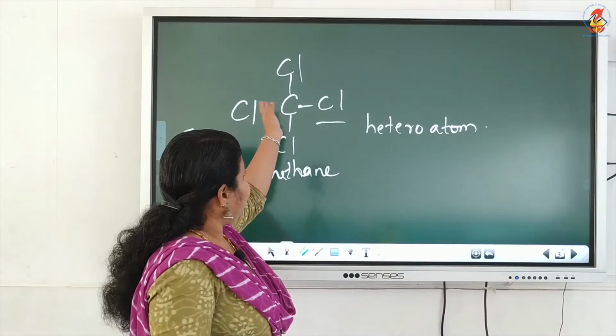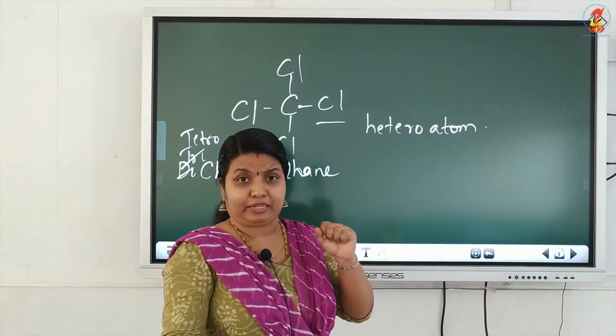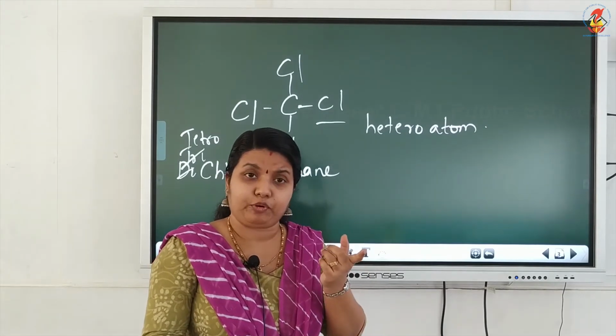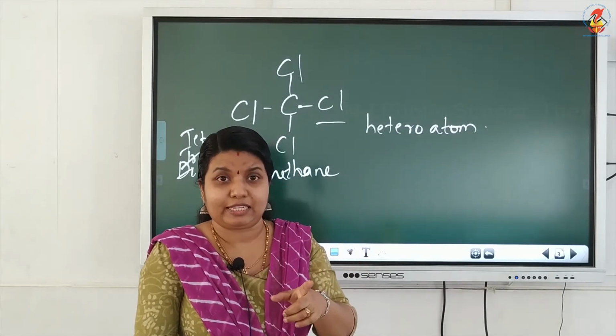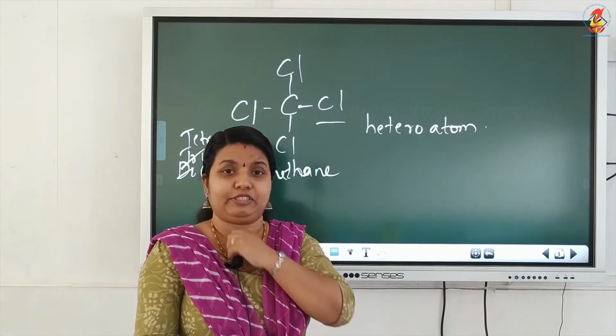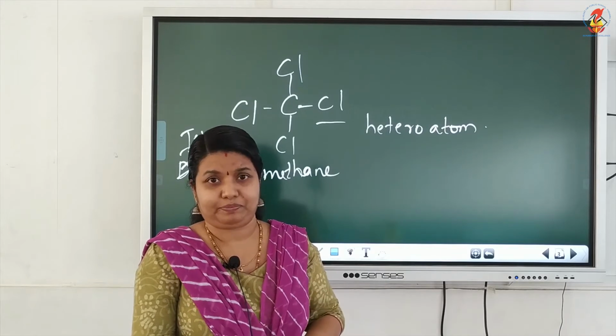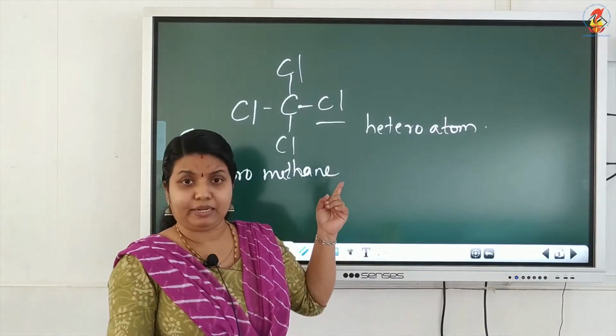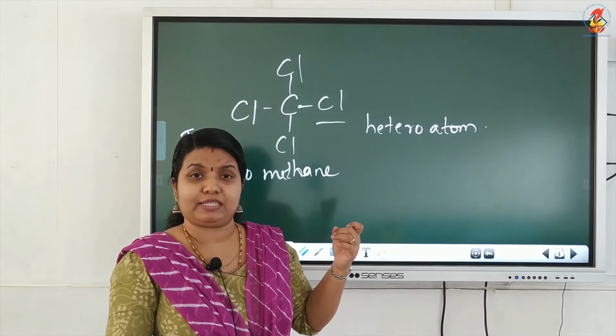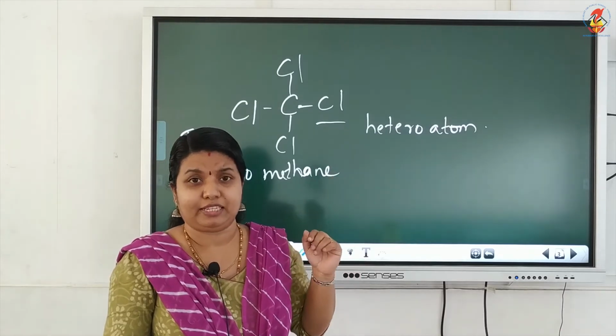And when the hydrogen is replaced by this heteroatom, it results in the formation of a new compound, and there is a change in property, change in reactivity, everything is new, and we have a new compound with a new set of properties. So, a heteroatom is nothing but the element that replaces hydrogen in the hydrocarbon chain.